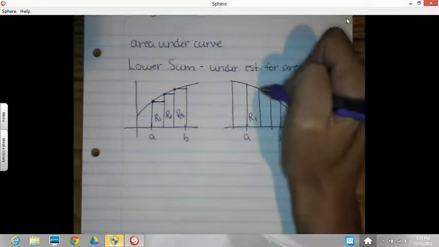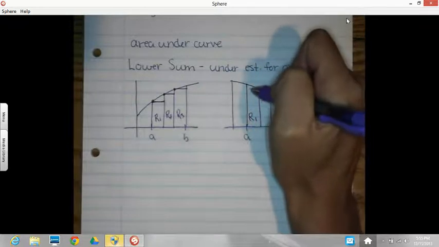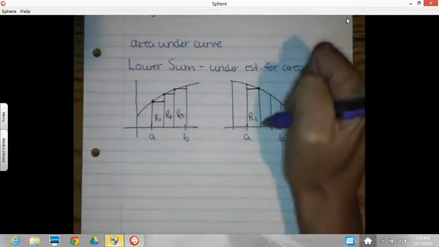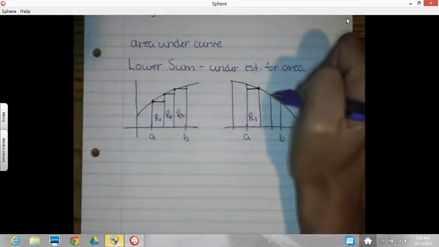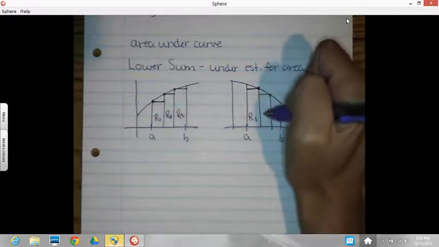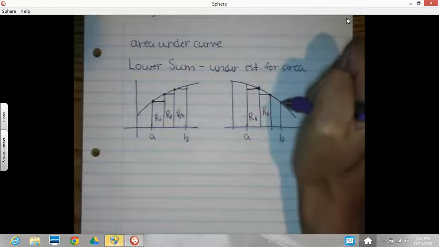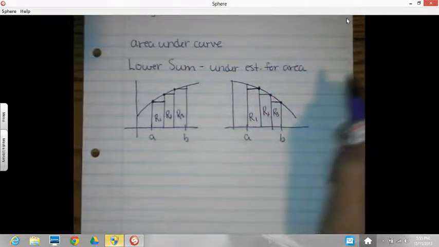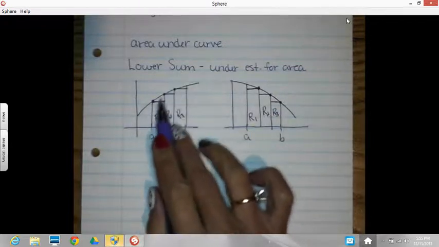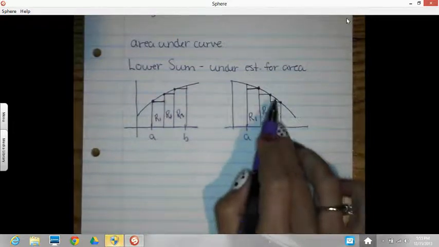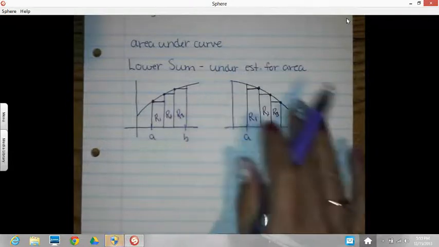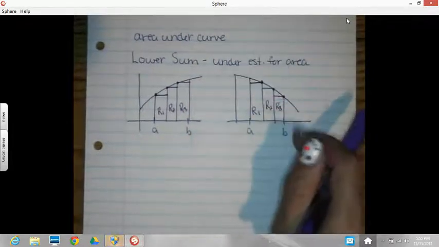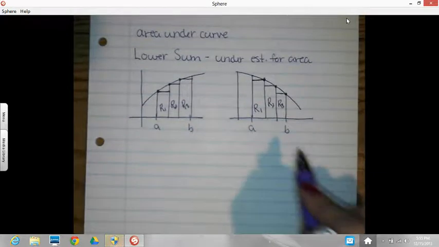Well, the right edge is what's going to keep me under the curve. So I'd use the right edge as my height, and then the right edge as my height here, and then the right edge as my height here. So don't automatically think lower means I'm going to pick the left edge. It could be the right edge depending on which way the graph is concave up or down, and increasing or decreasing. So you have to look at the graph.